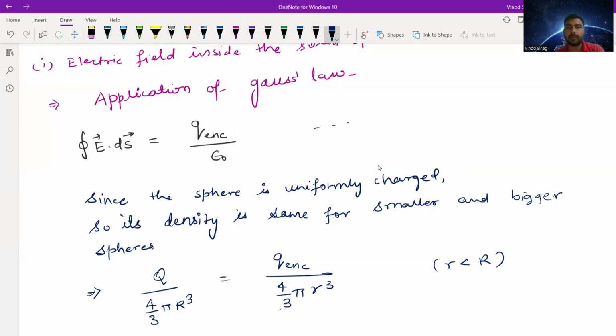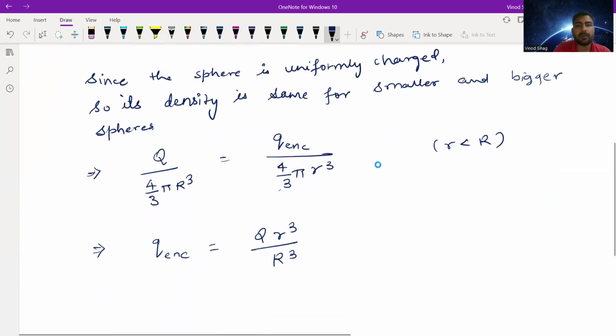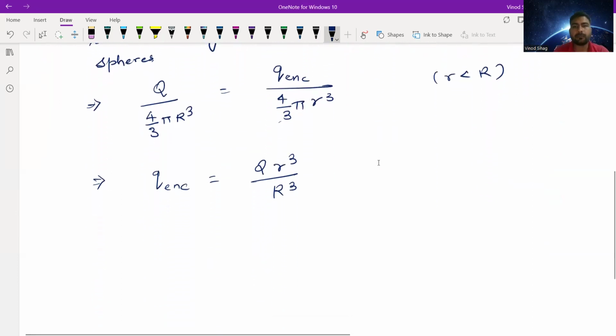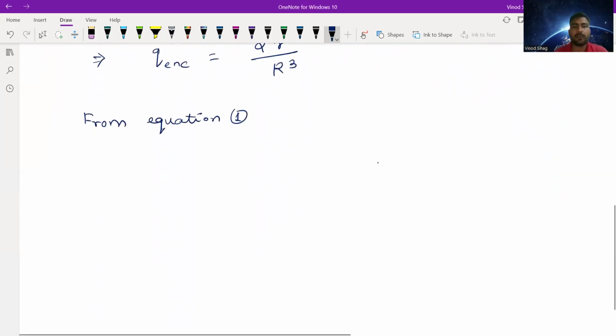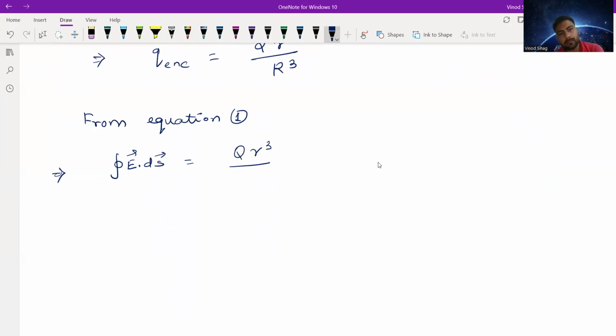Let us say this is equation number 1. So when we put this in equation number 1, we will get the closed integral of E vector dot dS vector equals Q into r cube upon capital R cube, divided by epsilon naught.